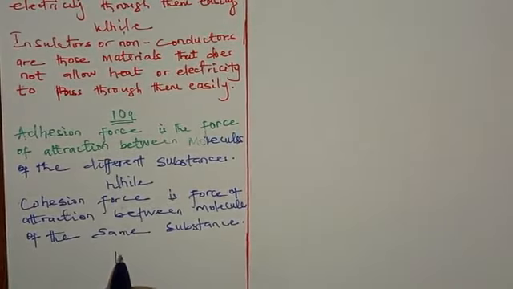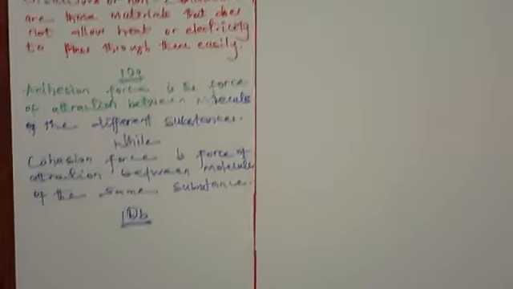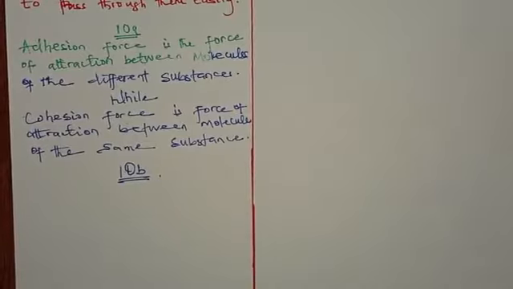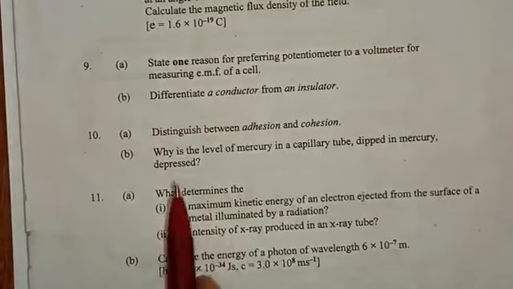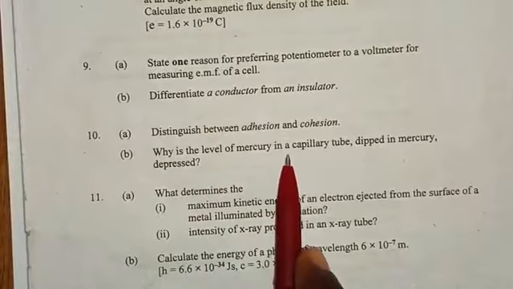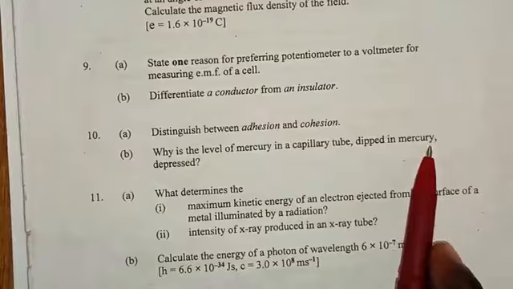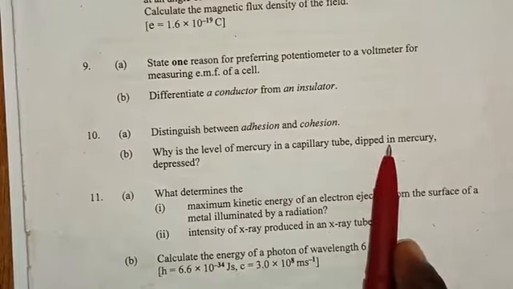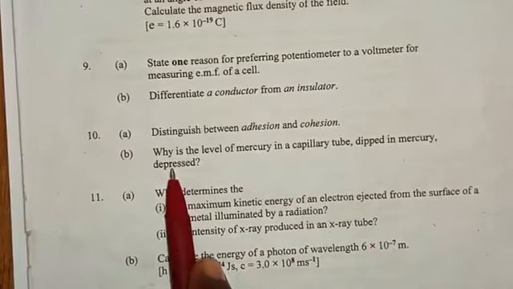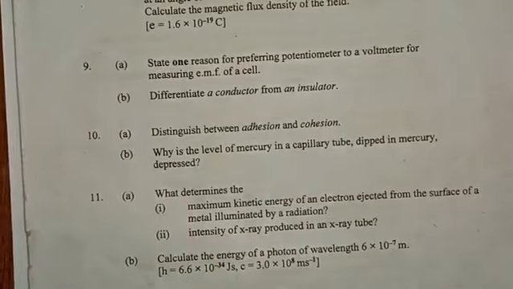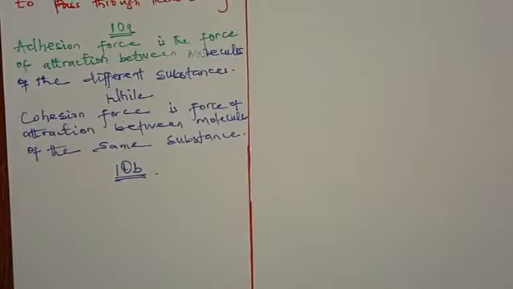So question 10B says, why is the level of mercury in a capillary tube dipped in mercury depressed? So why is it depressed?